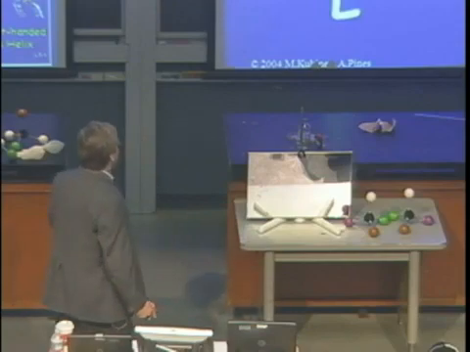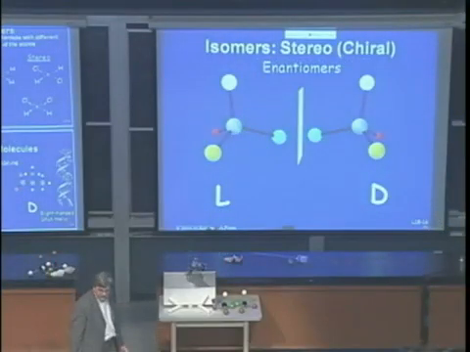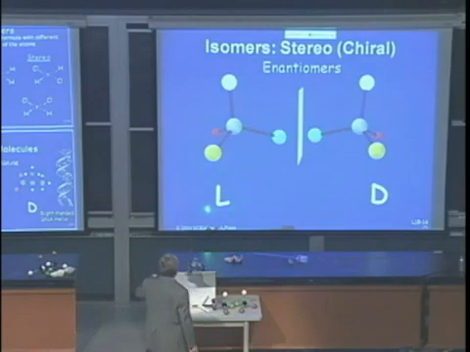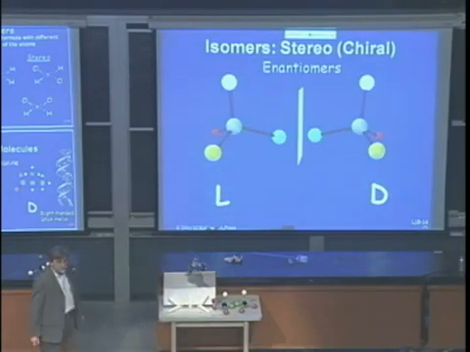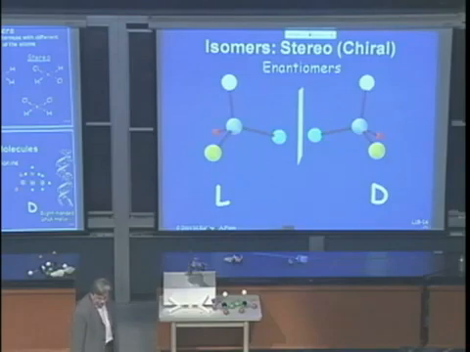And so there is an L form and a D form. This means levorotating and dextrorotating. You don't have to know that. Maybe you should, because if you're a microbiologist or biologist, or if you become a doctor, this is what you really need to know. Left is levo and right is dextro.